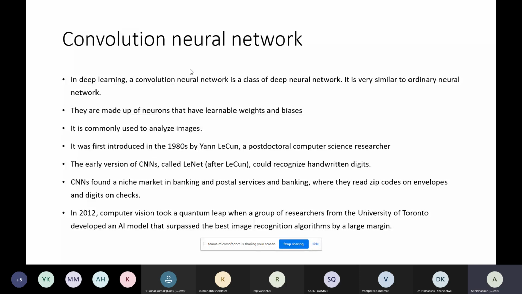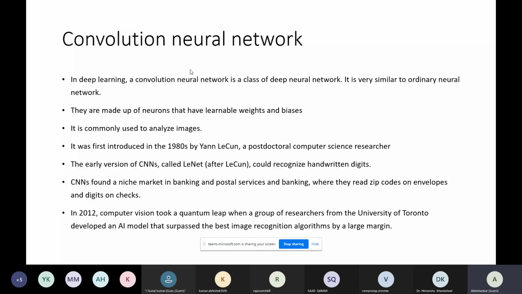Okay, and there are a lot more applications. Nowadays, if you see neural networks or deep learning, most of the research going on is in computer vision, because now it's very cheap to take images. In earlier days it was not cheap. The cameras were not good, and computer processing was not so fast.